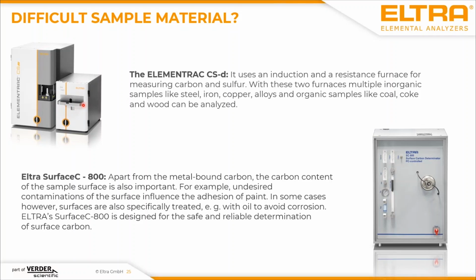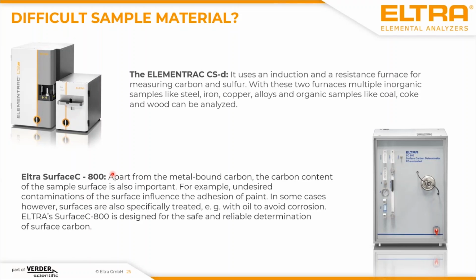And a resistance furnace is much better for substances like coal, for example, because they have a much lower burning point, so that it starts burning at a much lower temperature. It's like you would never boil an egg in a pizza oven, would you? And this is the same here. If you have samples which burn at very low temperatures like coal, you would not use an induction furnace for it, because the burning process would be too quick.